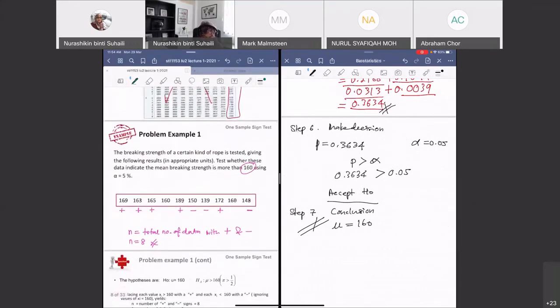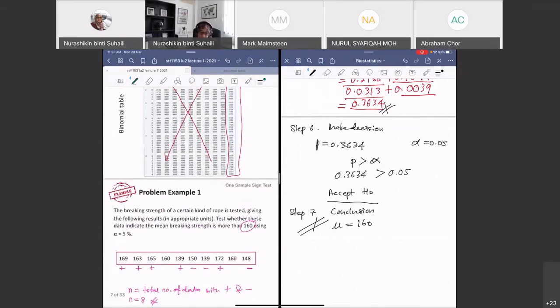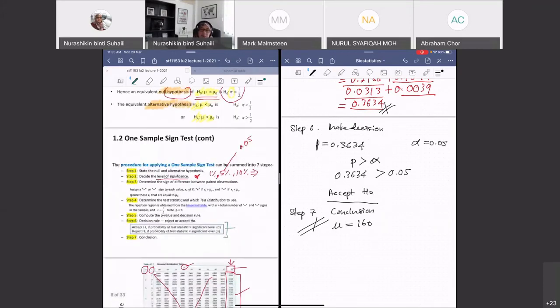Excuse me, doctor, I have a question. Yes? May I ask what is stopping us from just taking the average of the 10 data and calculating the mean breaking strength from there? Yeah, so basically we want to just consider the difference.